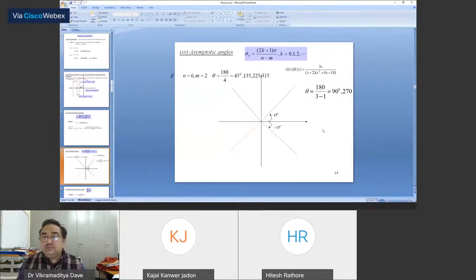So here it is being written. You can see that theta comes out to be (2k plus 1) pi upon 3 minus 1, that is (2k plus 1) 180 degrees upon 3 minus 1.